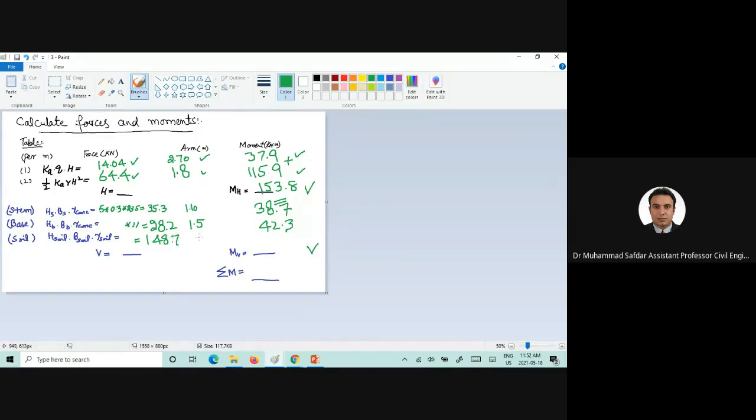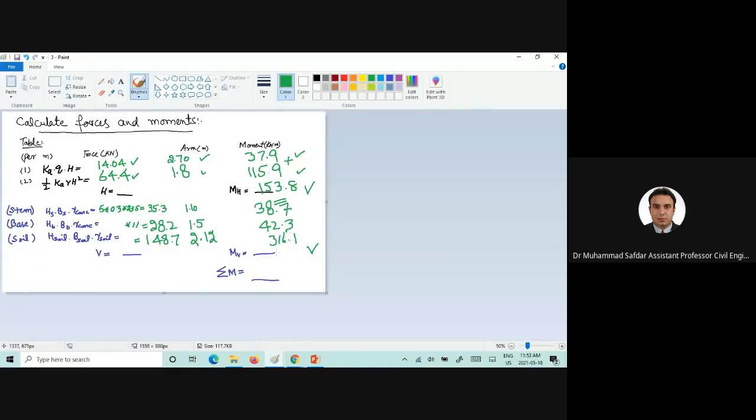And how about the lever arm? Sir, I think 2.12, sir. 2.12. And how about the moments? 316.09. 316.09.